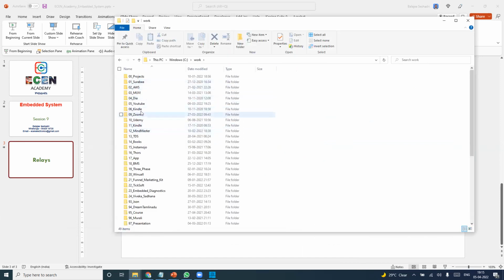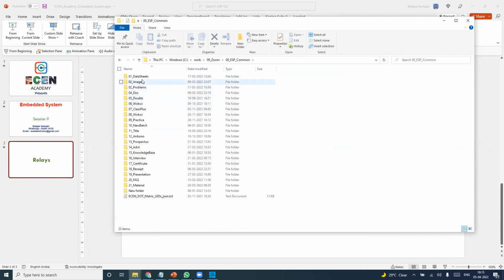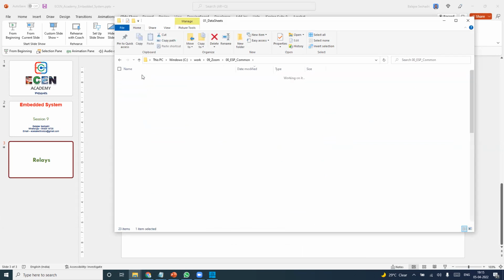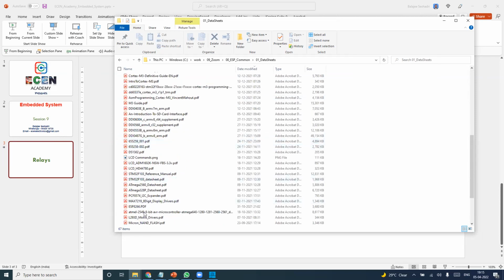Once you know the data sheet, you will know the comparison, what exactly the reality is. Now let's go to the same chip we are using, 2560. If you open any company's data sheet, you will find some information that is very critical.